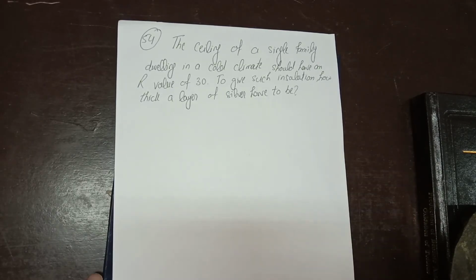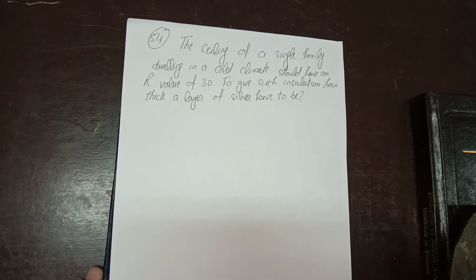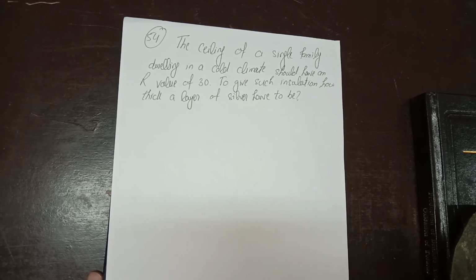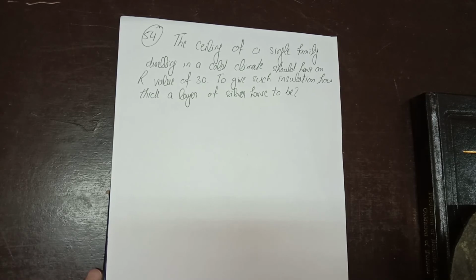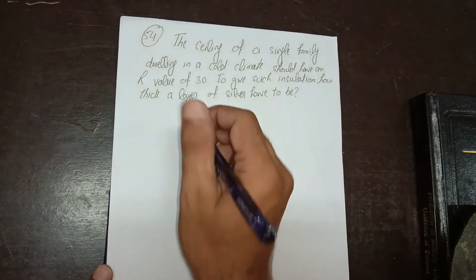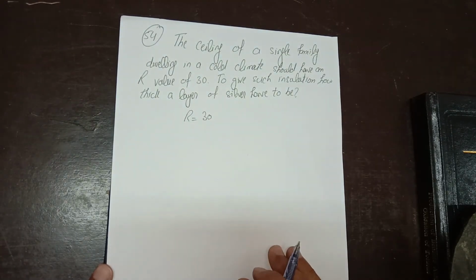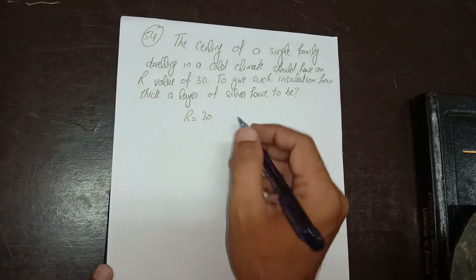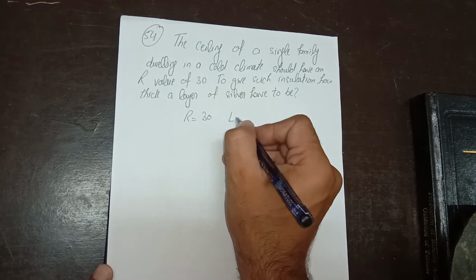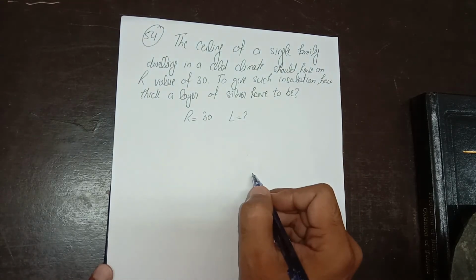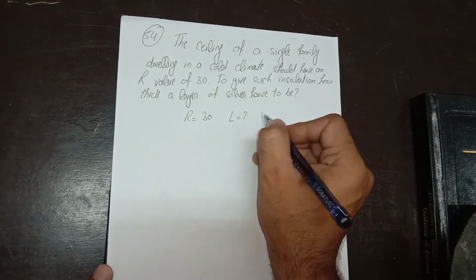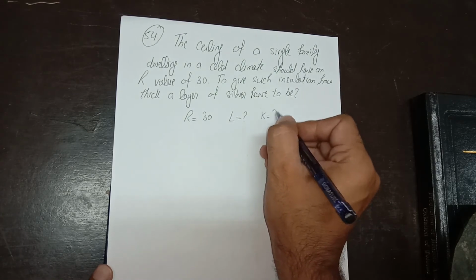In another numerical, which is numerical 54 of the version I have, you can match it with the similar statement in your book. The ceiling of a single family dwelling in a cold climate should have an R value of 30. Thermal resistance is given as 30. To give such insulation, how thick would a layer of silver have to be? You have to find this thickness, and we should know what K is for silver.